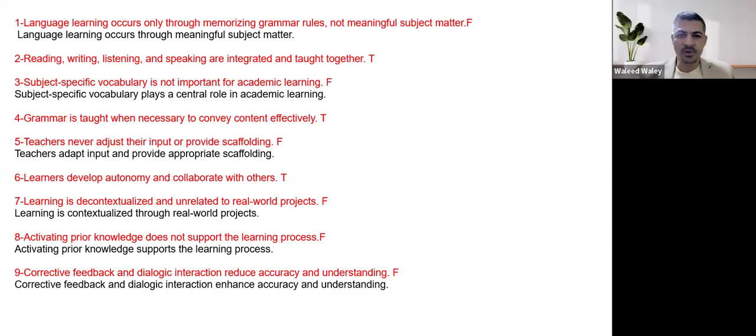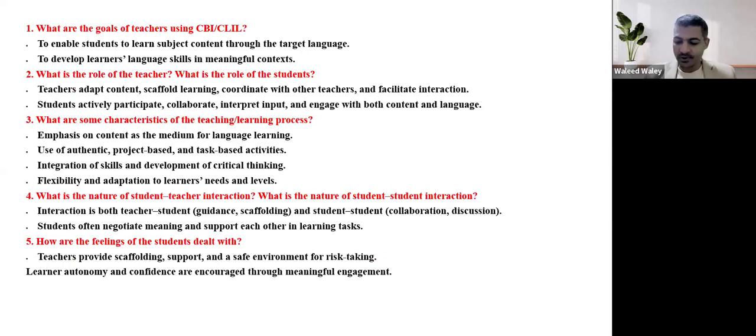I arranged them in this way just to help you to understand and memorize, because I struggled as you did in the past to understand all these methods, because they are many. So I always got confused. What is the difference between content-based and task-based and text-based? I hope this way helped you.